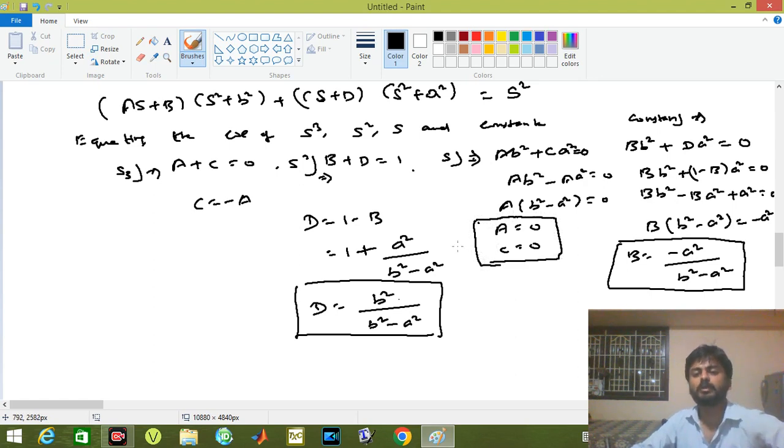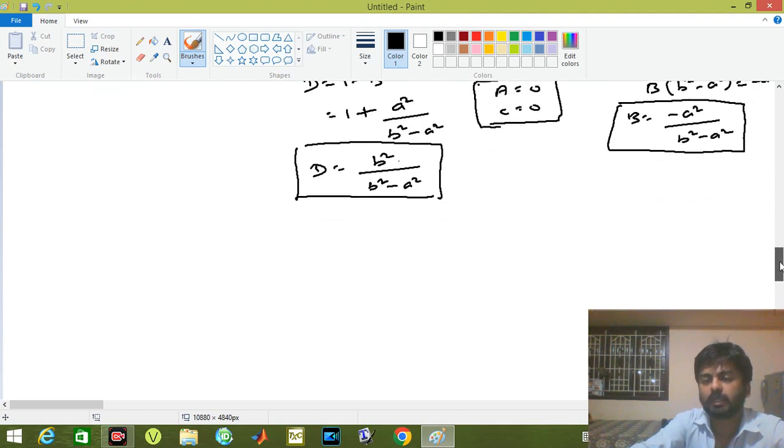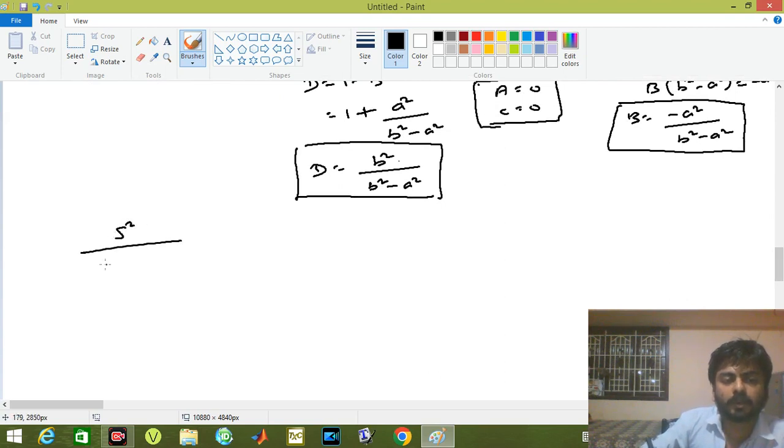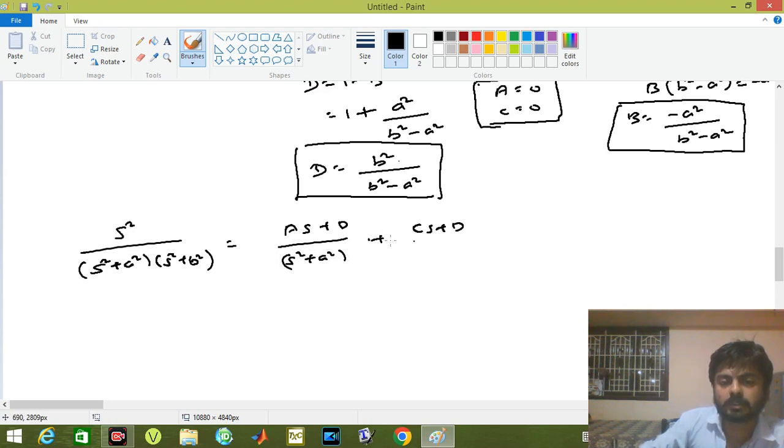You can substitute these values in the following. That is, you can have a square divided by a square plus a square into a square plus b square equal to as plus d divided by a square plus a square, then plus cs plus d divided by a square plus b square.